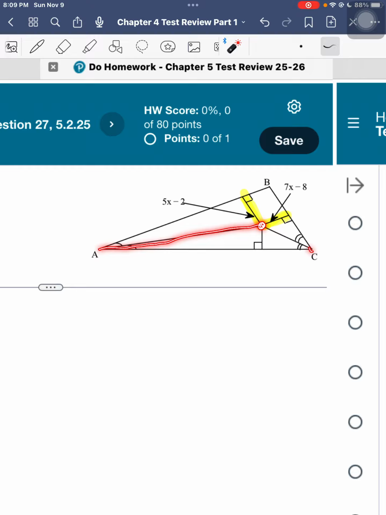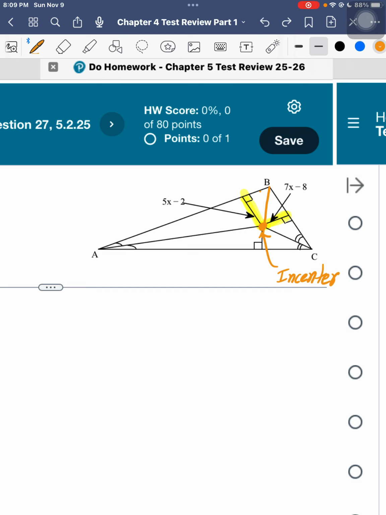When they meet at one point, what is that called? That is called the incenter. Now, I know that the point of concurrency is supposed to be 3 lines, but it can be 2. That's okay, because we know that if this B was bisected, it would also go to there.